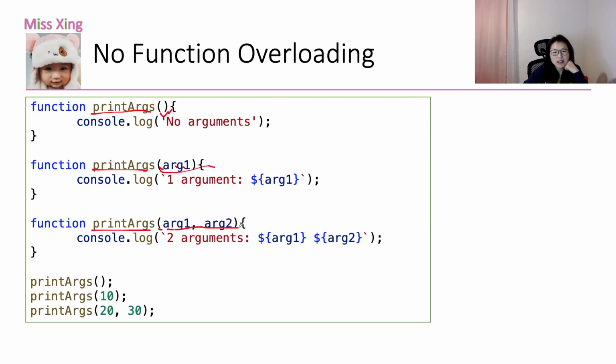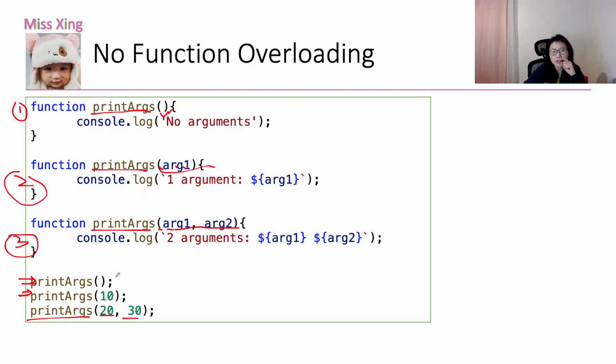In other languages, like Java, we would think it has 3 methods. When I call printArguments, we would think you're going to call the first one. When I call printArguments with 1 parameter, we would think you're going to call the second one. And when I call printArguments with 2 arguments, we would think you're going to call the third one.